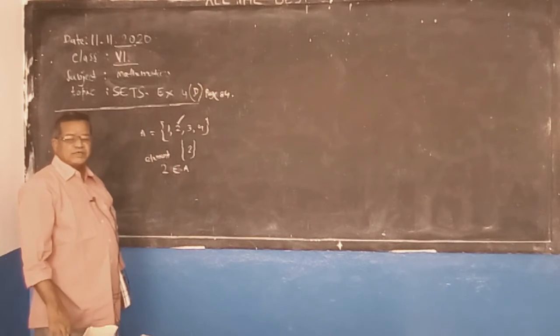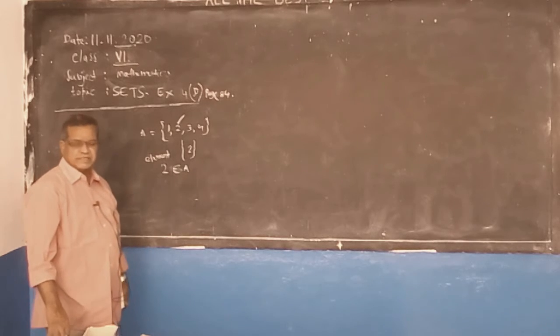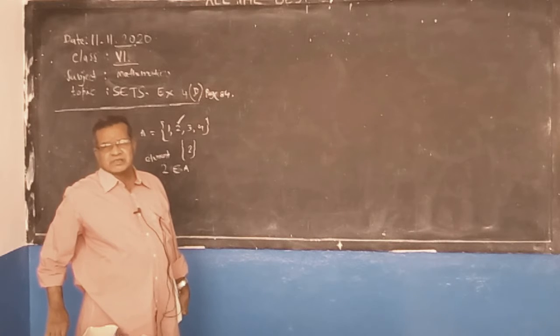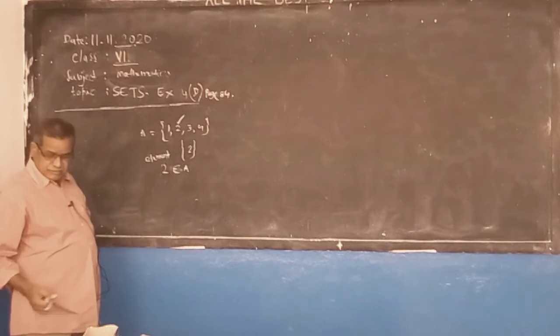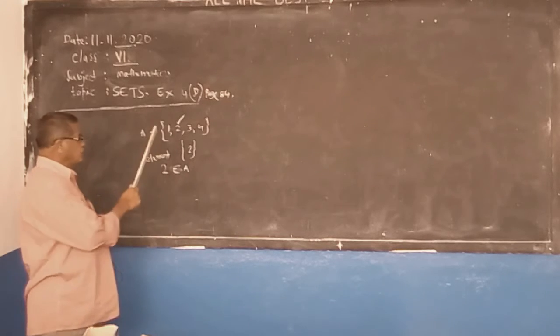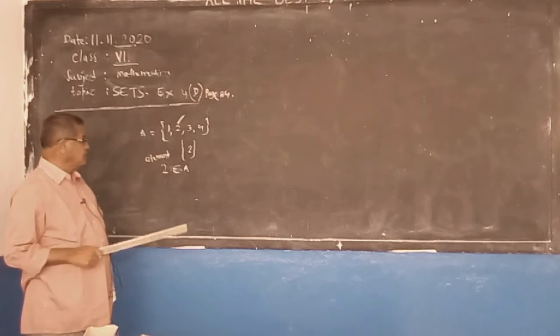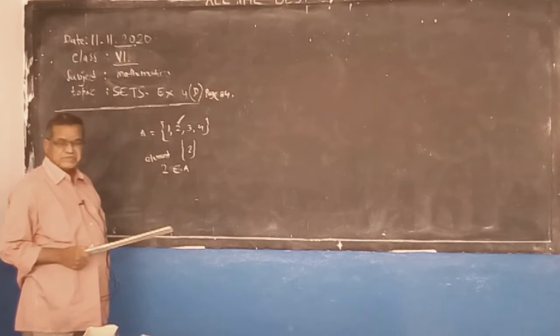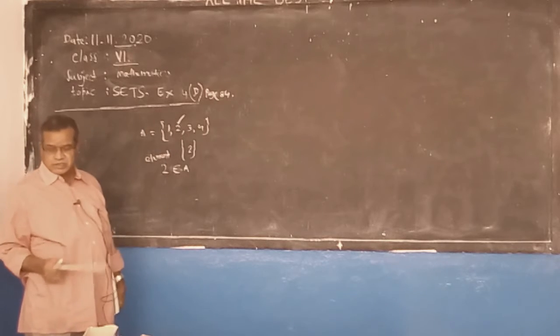So we write sets in two forms. One is roster form, the other is set builder form. This is the roster form. We see the elements, we know the elements, we can write the elements. In set builder form, we write only its rule.